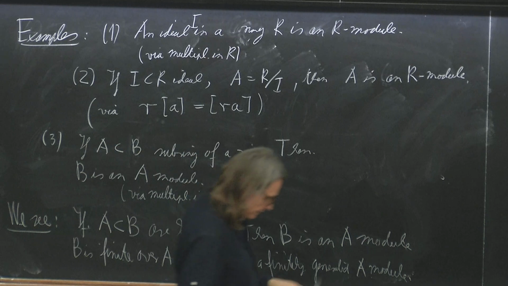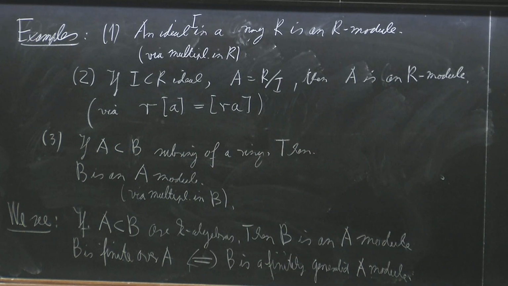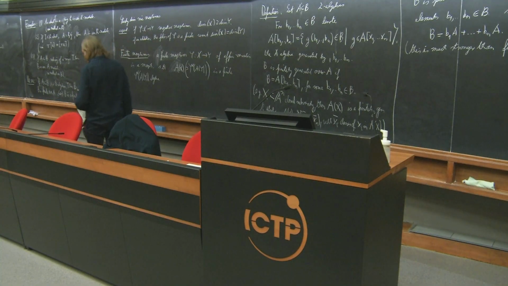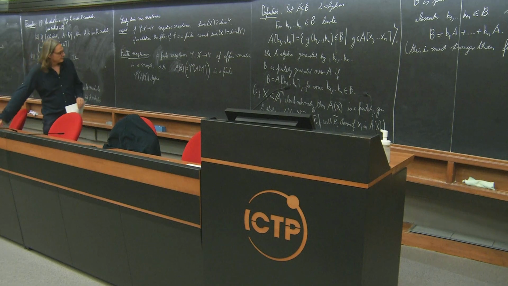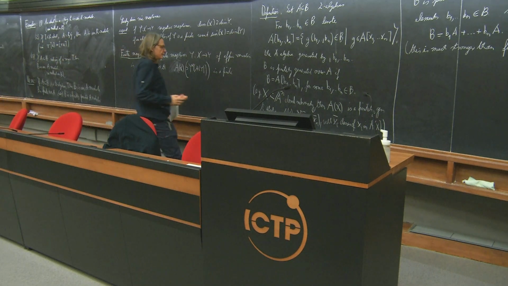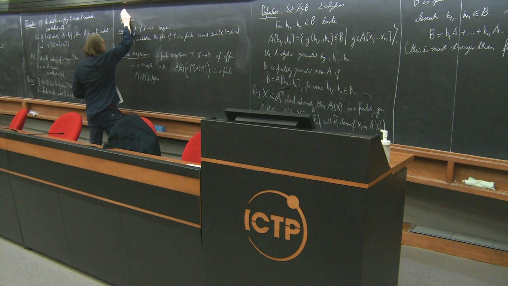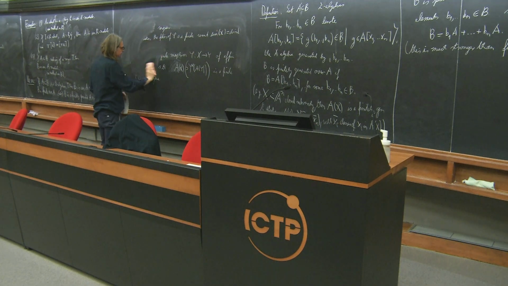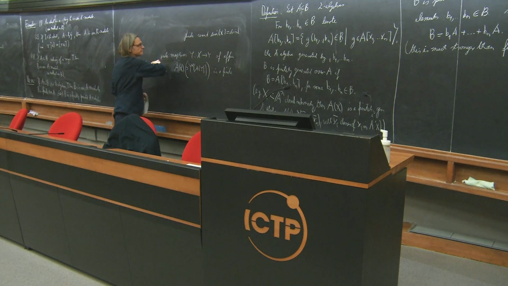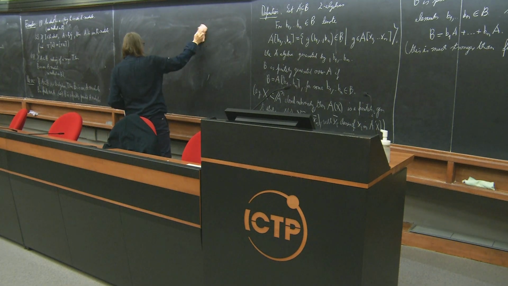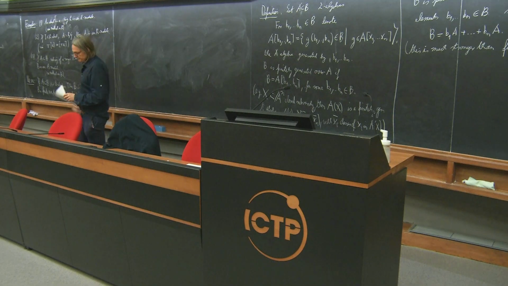Now I want to start studying this a little bit. We start with a very simple observation that if something is finite over something which is finite over something, then the first one is finite over the last. Then also some slightly more interesting statements.